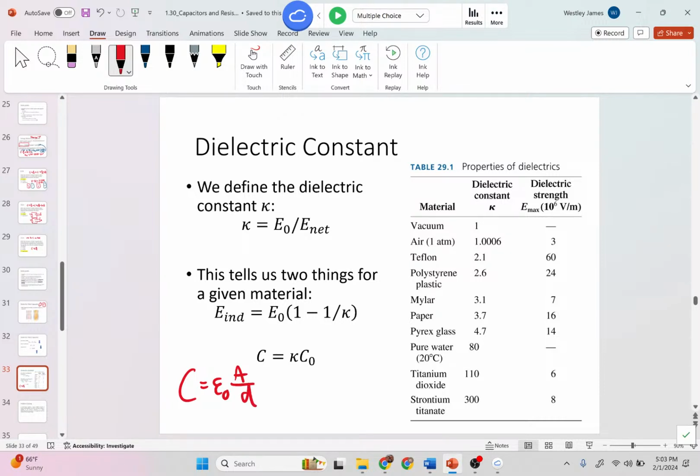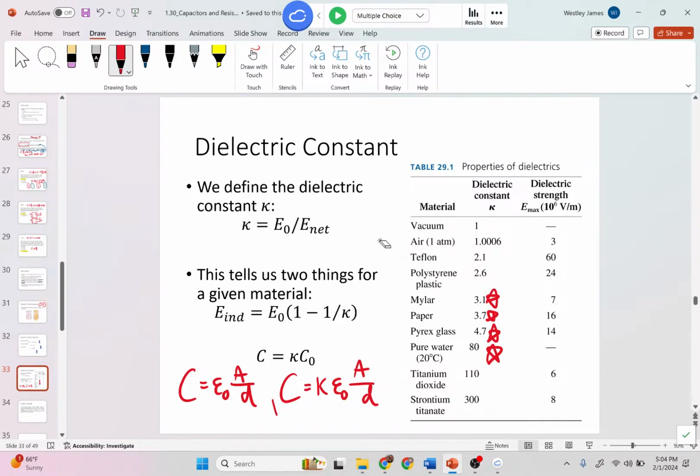If you put a dielectric in, now it's kappa, the dielectric constant, A over D. Literally, just take your dielectric constant for whatever material. Paper, it's 3.7. Mylar, a kind of plastic, 3.1. Pyrex glass, pure water, look at that, it's 80. Strontium titanate, some weird chemical material.